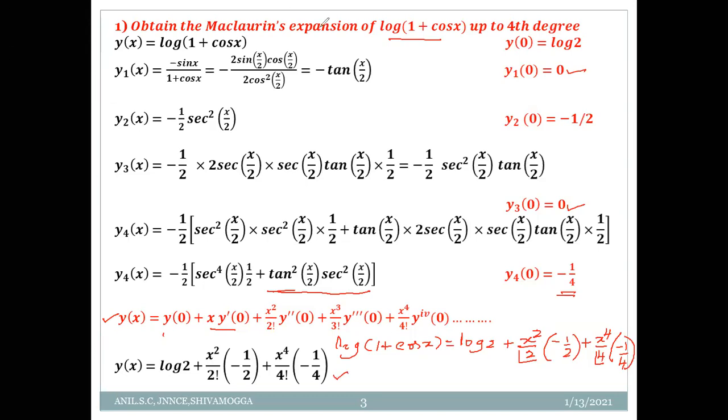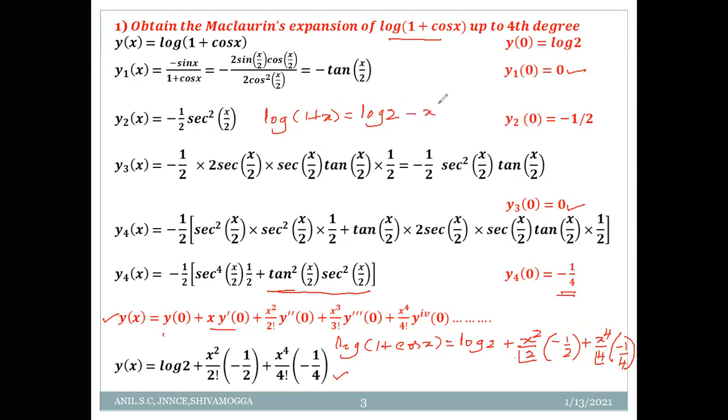Further, you can simplify like this. Log 1 plus cos x is equal to log 2. What is 2 factorial? 2 factorial is 2 into 1, 2. Correct? 1 by 2 into minus 1 by 2 is minus 1 by 4.